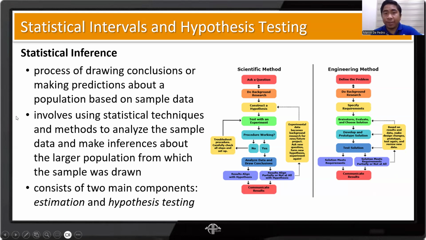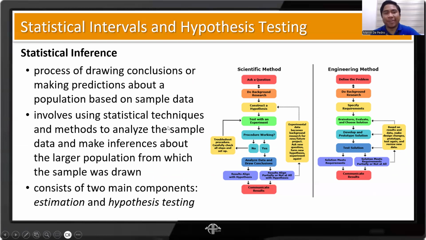Again, for the scientific method, of course, we have the hypothesis testing. But for the engineering method, for testing the solution, there are many ways to do this. Maybe we can conduct a correlation test or a simple descriptive test. It depends on our specific scenario.